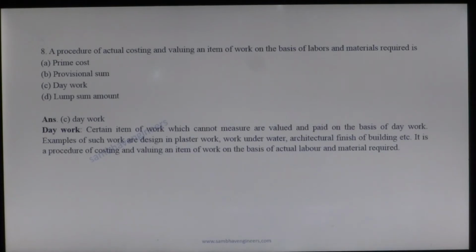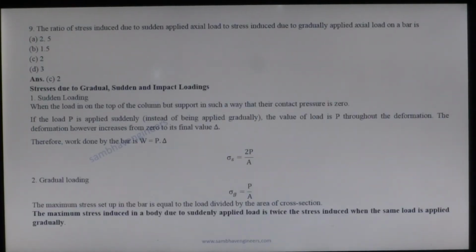Next question. The ratio of stress induced due to suddenly applied axial load to stress induced due to gradually applied axial load on the bar. Stress developed due to suddenly applied load, sigma_s, is equal to 2P divided by A, where P is the load and A is the area of cross section of the bar.